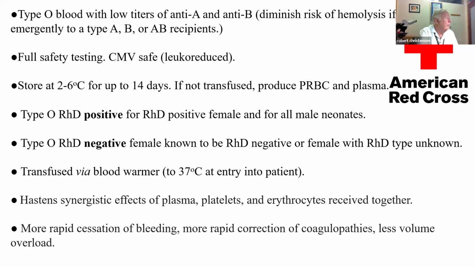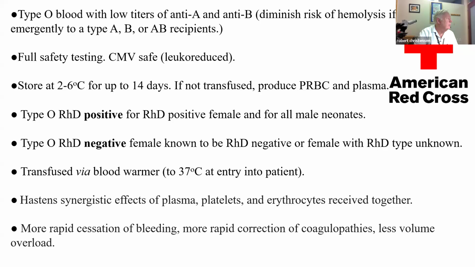This is blood type O with low titers of anti-A and anti-B. Why? Because you're giving this, sometimes, most of the time, without knowing the blood type of the recipient. And if you're giving type O to a type A recipient, that type O blood may have very high titers of anti-A that could hemolyze some of the recipient's red cells.